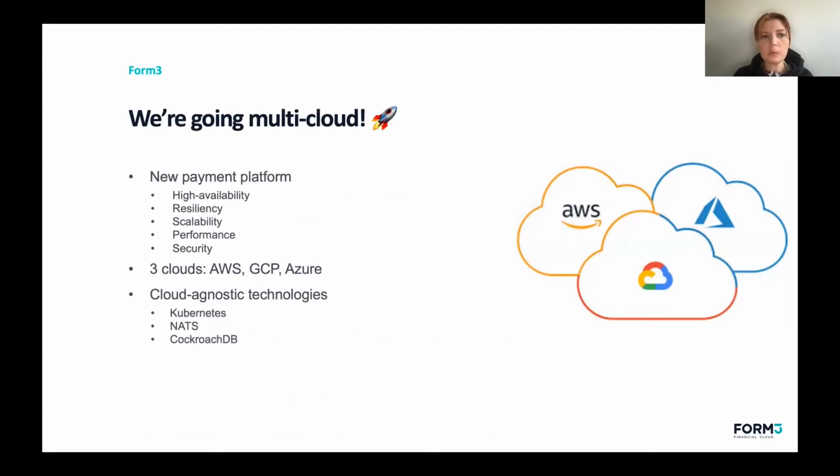At Form3, we are working on a new payment platform with very high availability, resiliency, scalability, and performance needs, together with security. We've decided to use AWS, GCP, and Azure. Our technology stack includes cloud-agnostic tools which can be deployed in any of those clouds.